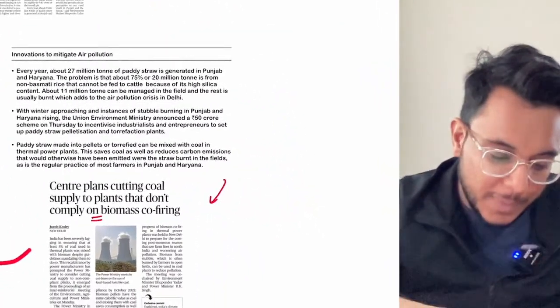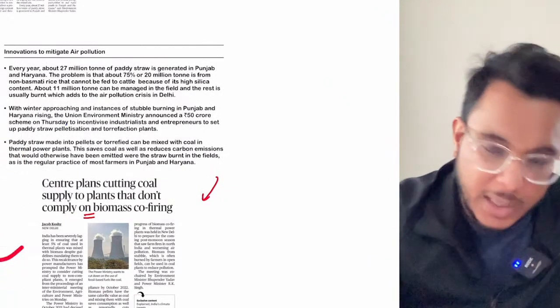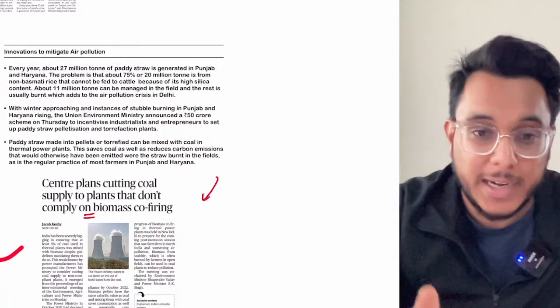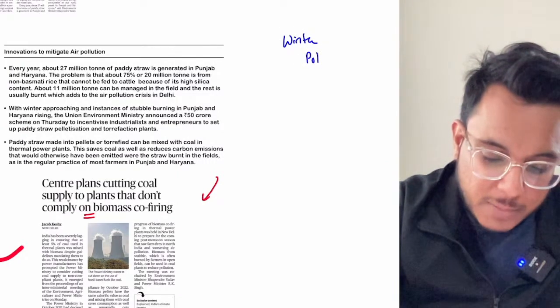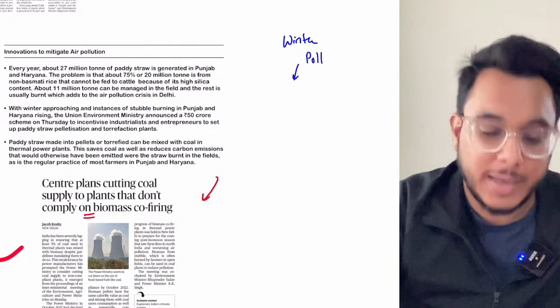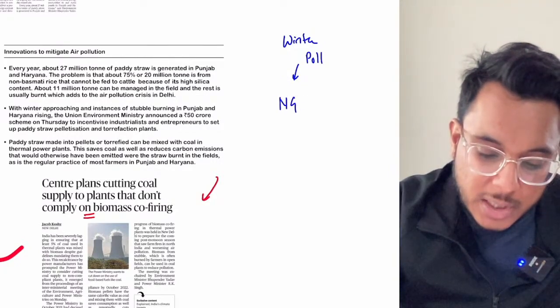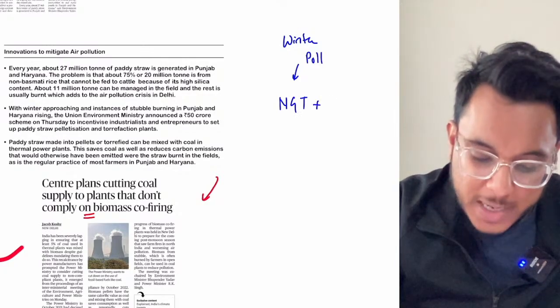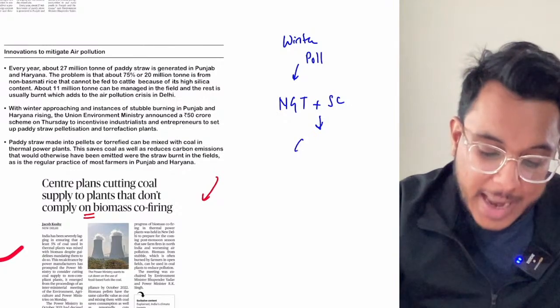We have discussed multiple times that around the months of October and November, the winter pollution problem becomes a very big issue in North India. Because of this winter pollution, the National Green Tribunal and the Supreme Court of India have repeatedly said that the national capital becomes a gas chamber.